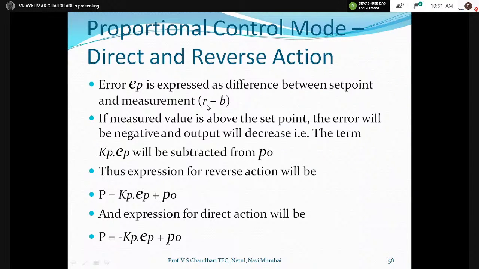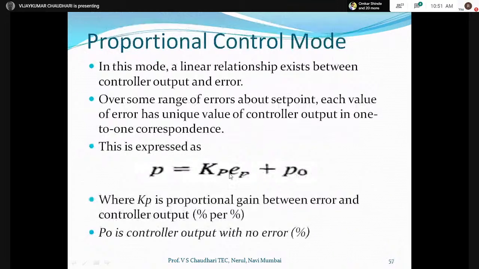So if the measured value B is greater than the set point R, then error will be negative and output will decrease. The term Kp into Ep will be subtracted from P0, right?